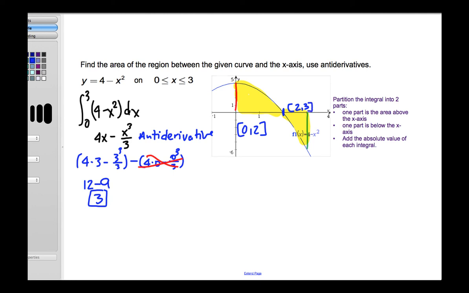And so if we were going to find the entire area of this region, so this would be total area. But if we're looking for the area between the two curves, the total, like a positive amount of area actually between the curve and the x-axis, we would look at the two integrals, but this time we would look at them like this.